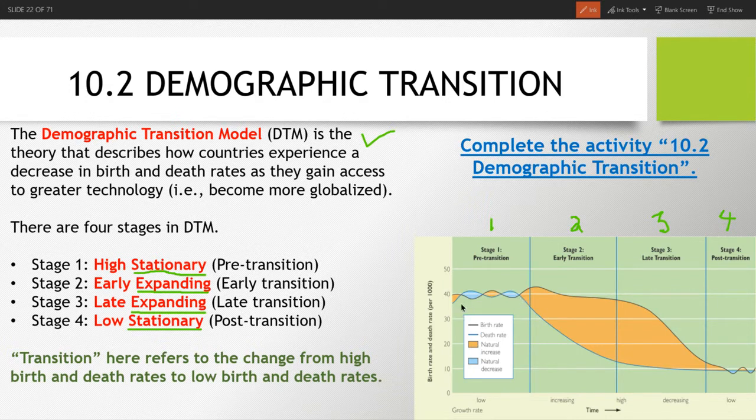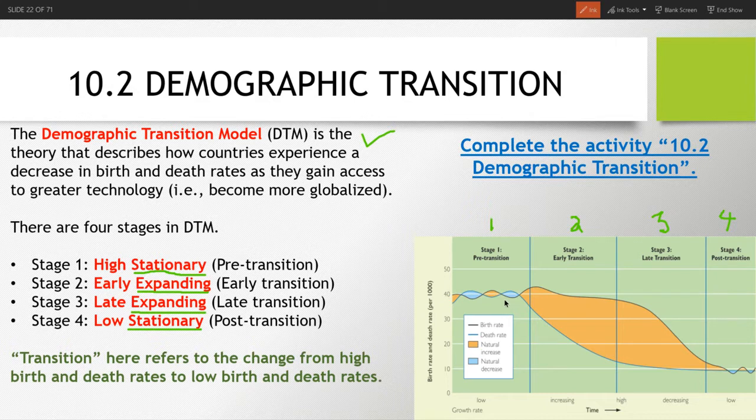And in terms of our rate of natural change, they will more or less cancel out. Therefore, the actual population growth or change here would be very, very low, or what we might call stationary. The population remains roughly the same.